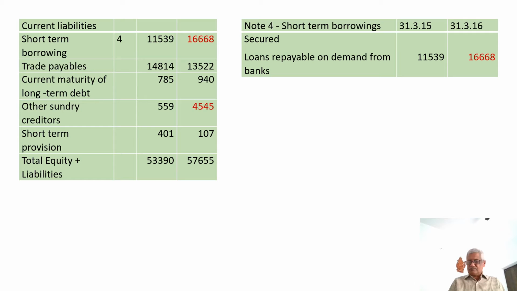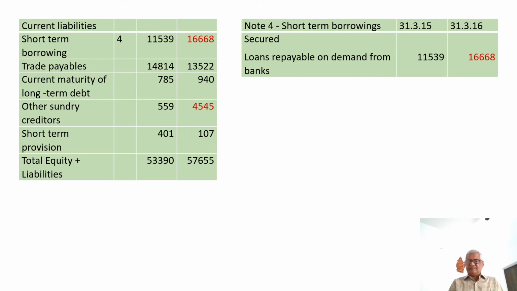We understood while analyzing the company's profit and loss account statement that the sales of the company declined by 7%. Despite the decline in sales by 7%, the working capital finance increased substantially from 115.39 crore to 166.68 crore. We need to understand the reason therefore.